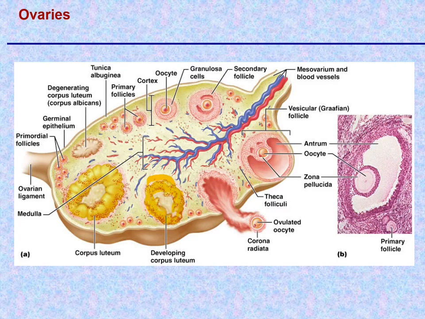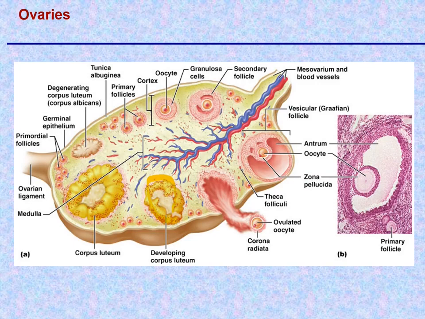Just one of these will start to develop and, staying in one spot somewhere in the cortex, will go through all of these different stages and rupture out, and then you get this corpus luteum, and then it's just a scar left over. That's what's indicated there. So it's not as if there's a whole range of different ones going all the way around.